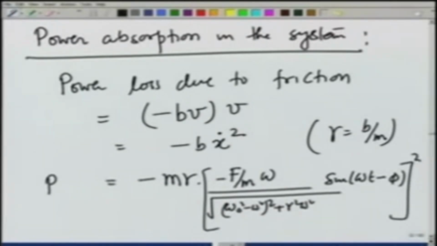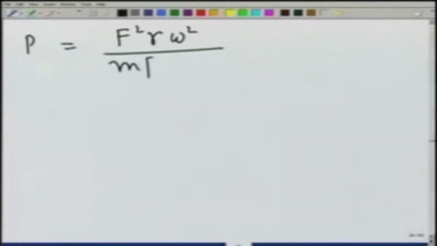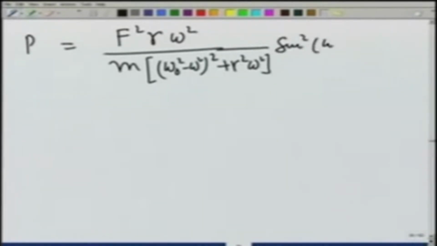When I open the bracket up, I find that P is going to be equal to f square gamma omega square over m times omega naught square minus omega square plus gamma square omega square, times sine square of omega t minus phi.